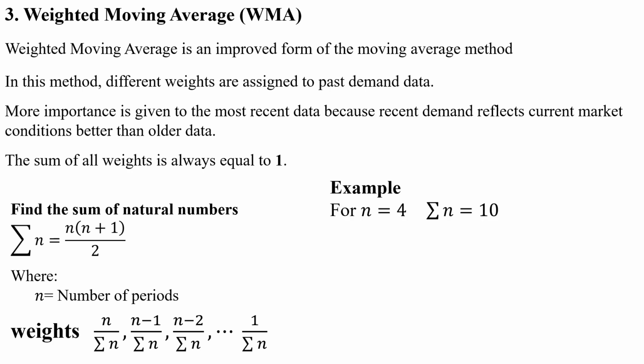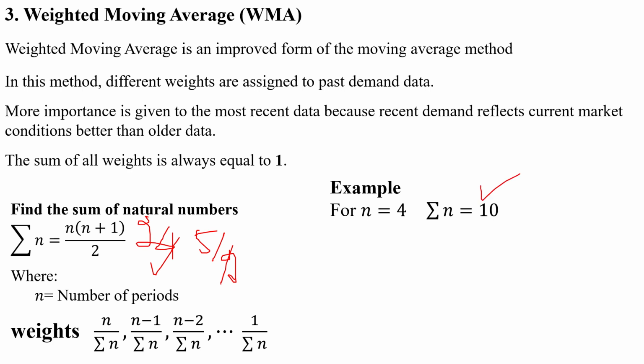Let's see one small example. Let's consider the number of periods is 4. Then summation of n equals 4 into (4 plus 1), that is 5, divided by 2, where the 2 gets cancelled. 2 into 5 is equal to 10. So summation of n equals 10.